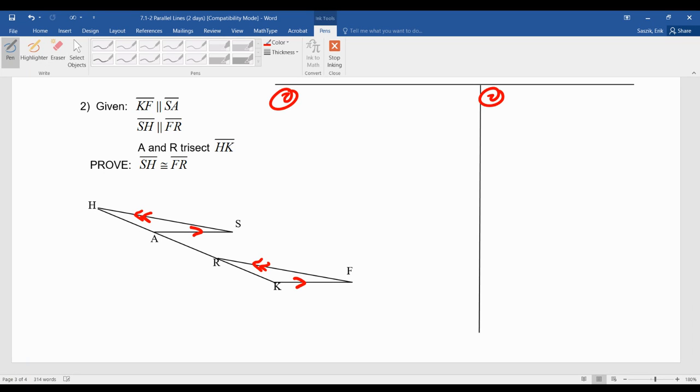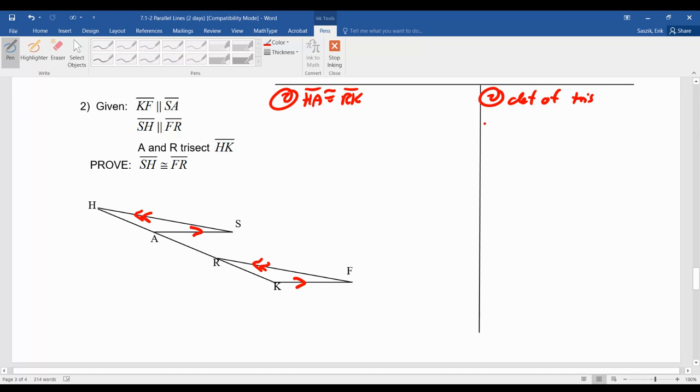So I'm hoping, you know what, we can say HA congruent to RK. Now I know it's also congruent to AR, but I don't need that. Def of tris. So I got this congruent to that. You got to be careful here.